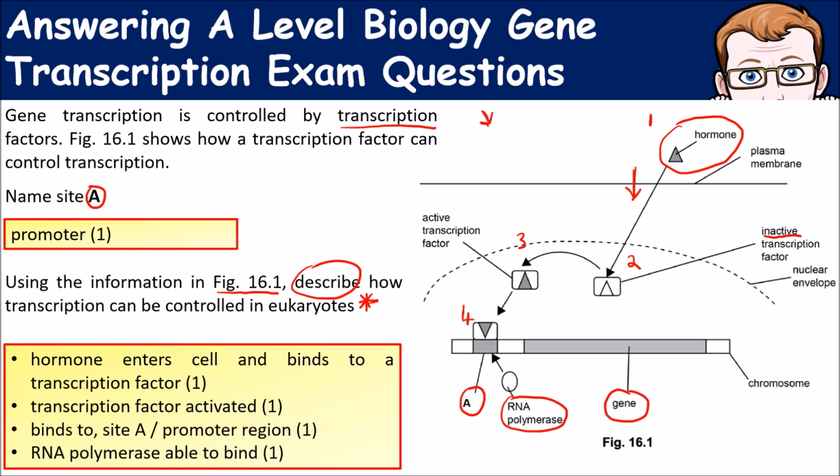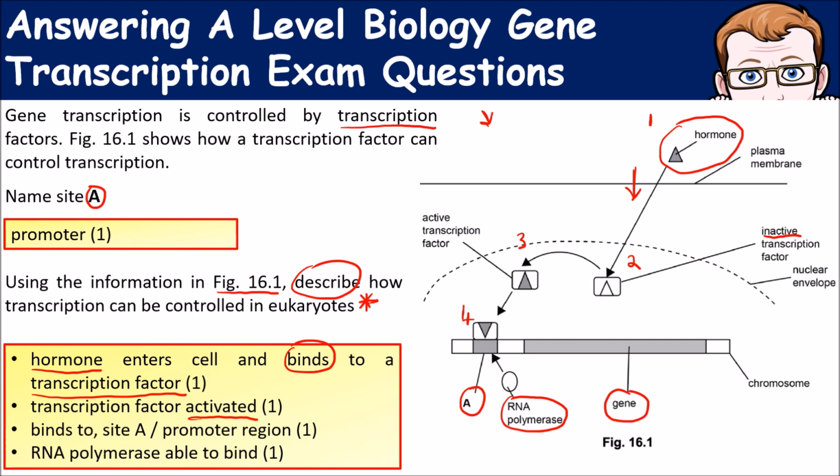We're talking about the hormone binding to that transcription factor. You've got to be really, really specific in what it's doing. That is going to cause that transcription factor to be activated. I personally would talk about the hormone binding to an allosteric site on it and causing some sort of conformational change, which activates it.